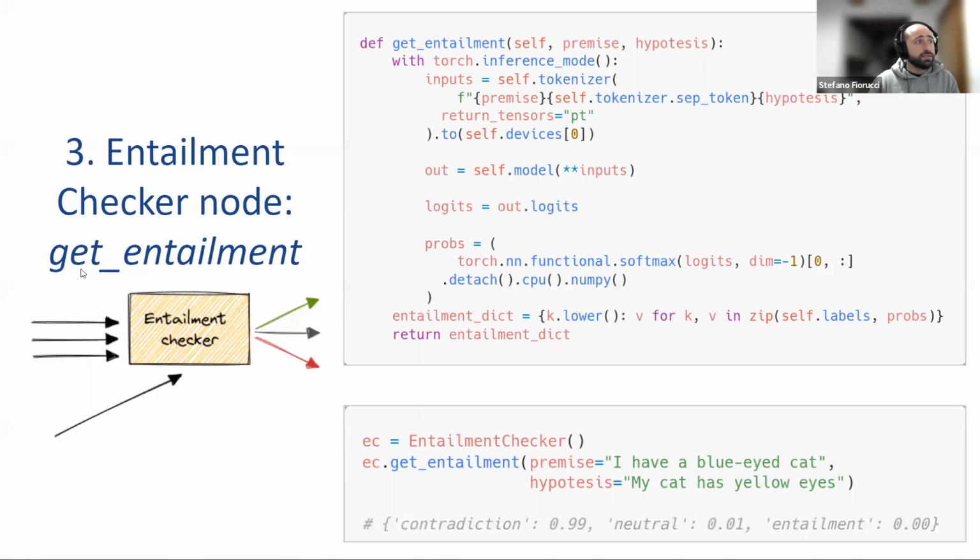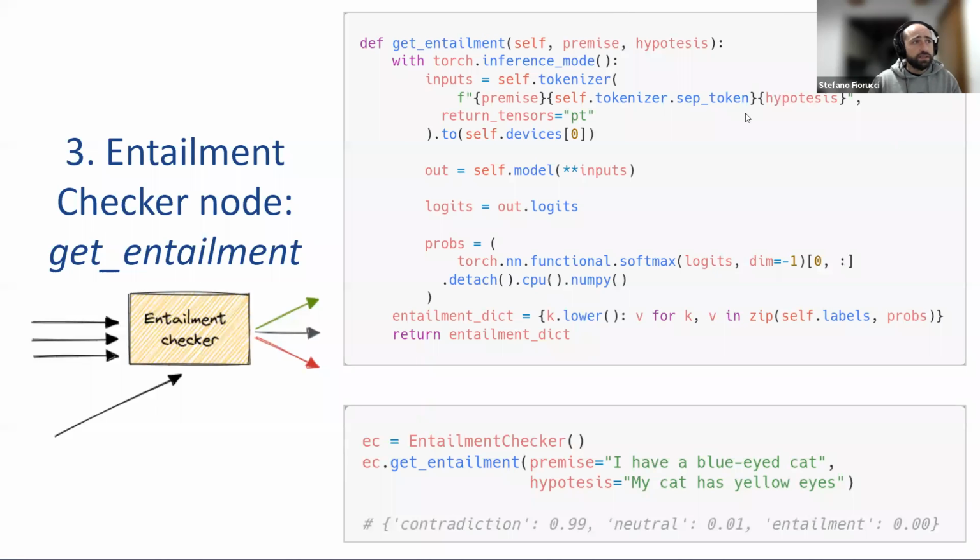Then we define this get entailment method where the core natural language processing inference happens. It takes as input a string with the premise and a string with a hypothesis. We set PyTorch to inference mode because at inference we don't want the gradients to be computed.